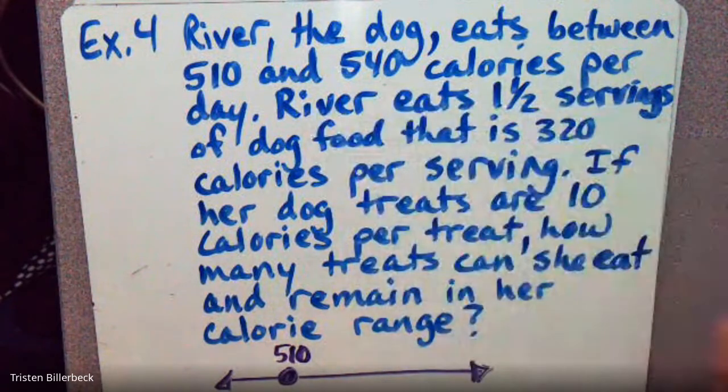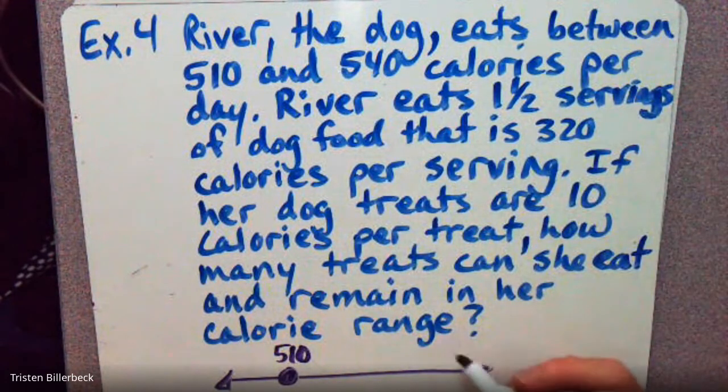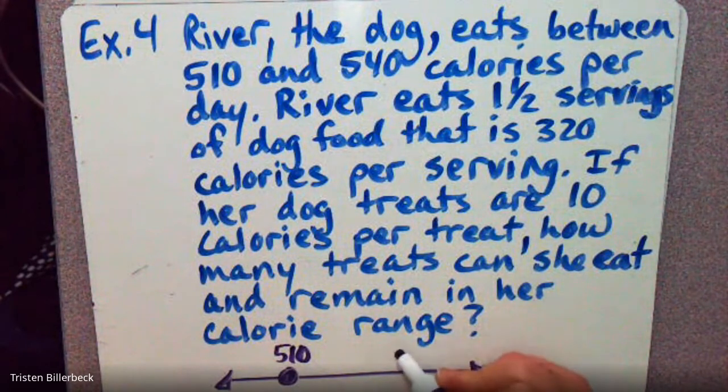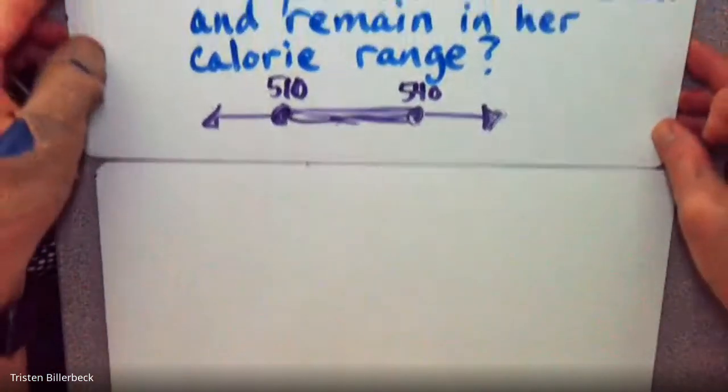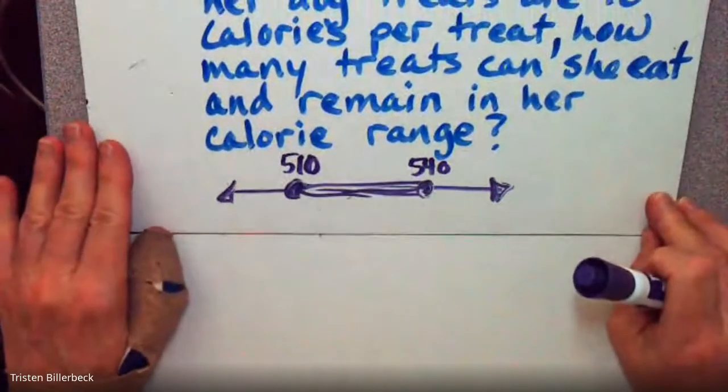So I think the verbiage should be just a little different. So it's between 510 and 540. Okay, so it can be anywhere in here, and our dog River will be happily fed, and not too much and not too little. Okay, so now we have to figure out, using that graph, what we can feed the dog.